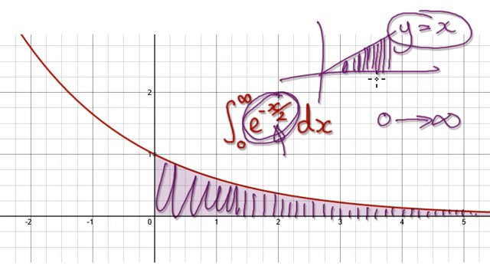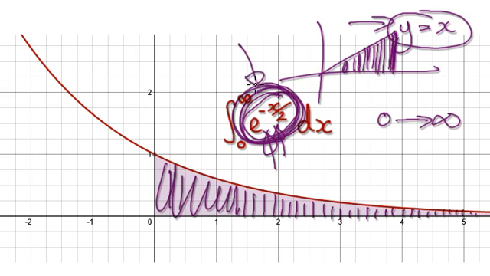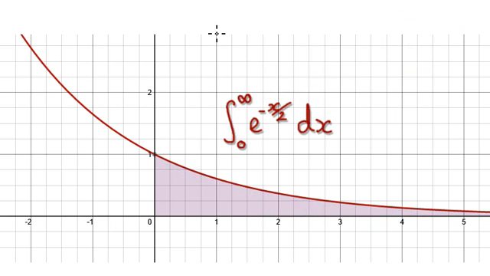For y equals x, you're adding and adding and it doesn't converge to one particular value. But this graph here will converge, for some strange reason.